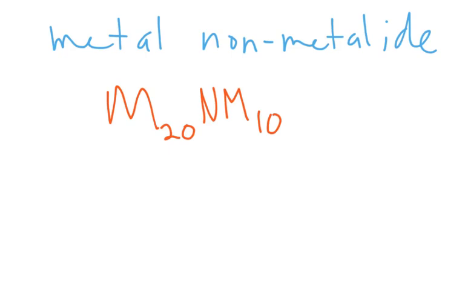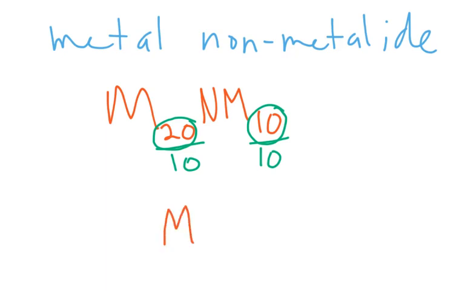Hopefully you can see that there is a common factor other than 1 between these, and that's 10. And in that case, we do need to divide both of these by 10. So that means that the final real formula is M2NM. So you always need to be dividing by those greatest common factors if you see them, as long as they are not 1. Now let's look at example F.